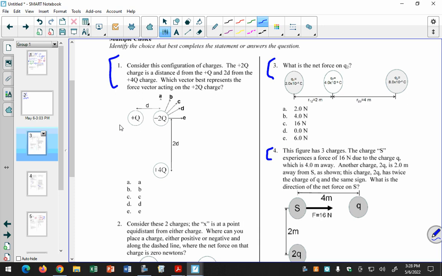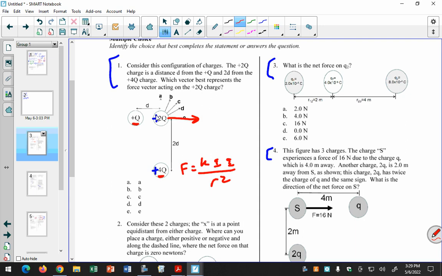So if you get a question like this, you want to draw the force vectors on the charge in question. Here I had a plus 2q right here. This is a plus 4q. If I draw my vectors, first, the vector due to this charge is going to be in this direction. Then the vector due to this charge. I have to be careful because remember that F is equal to kQQ over r squared.